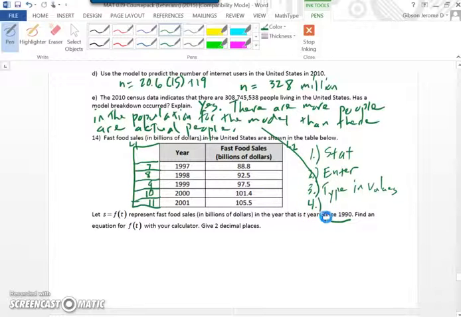Okay, now after you press enter on that last value, the next thing you would do is press stat again. Then you press your right arrow one place to calculate. Then we want the linear regression.